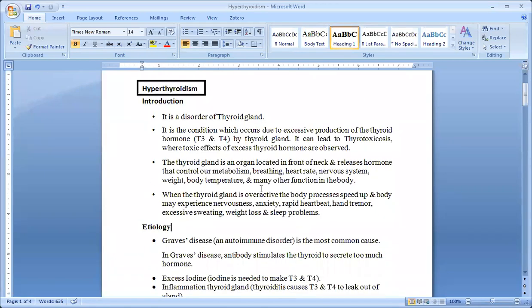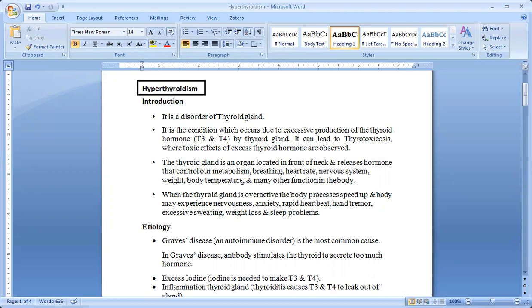Is that clear to you? Hyperthyroidism is the disorder of the thyroid gland. It releases which hormones? T3 and T4. Due to that, more hormone is released. What happens?